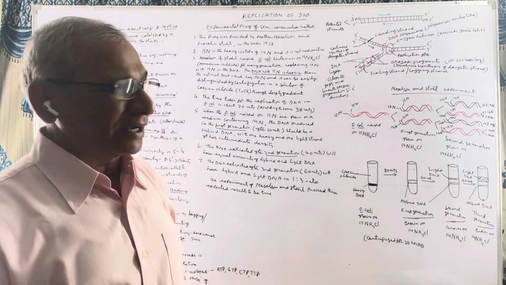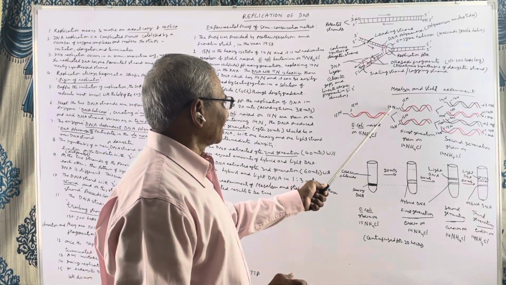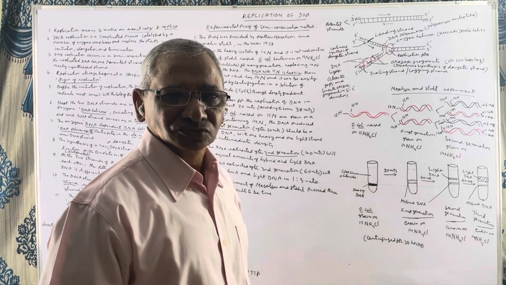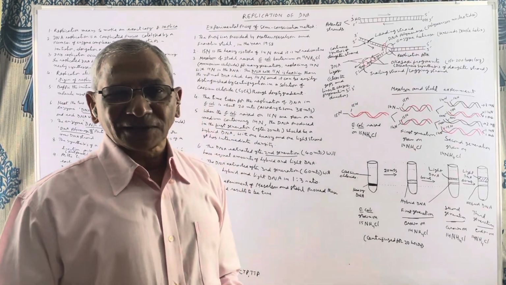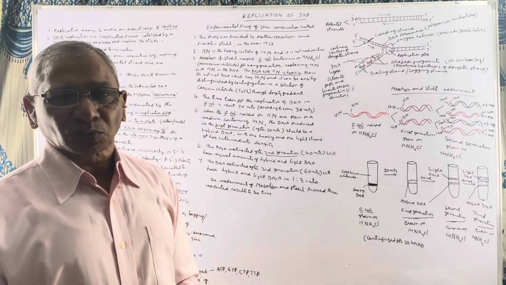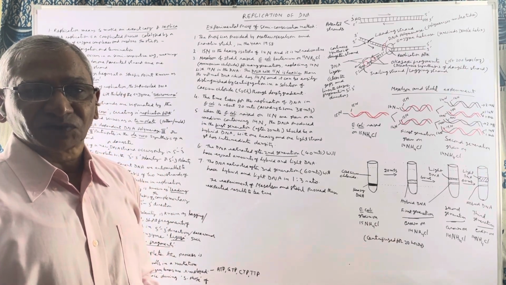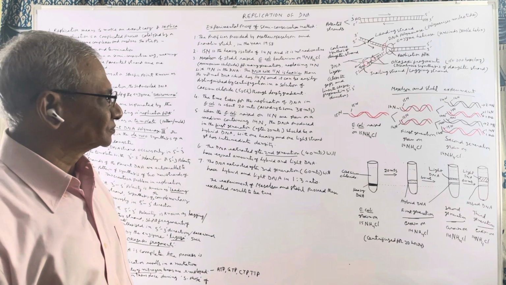As a result, 14N was replaced by 15N. So in both the strands of DNA, 15N is incorporated in the place of 14N. And DNA with 15N is heavy.